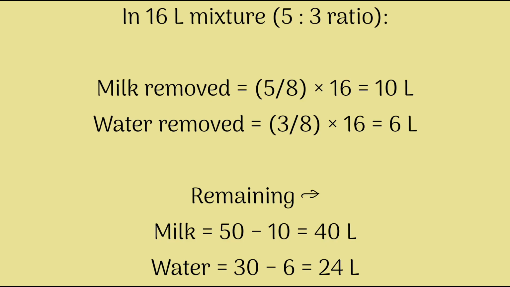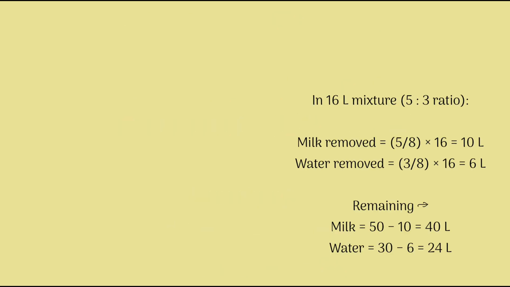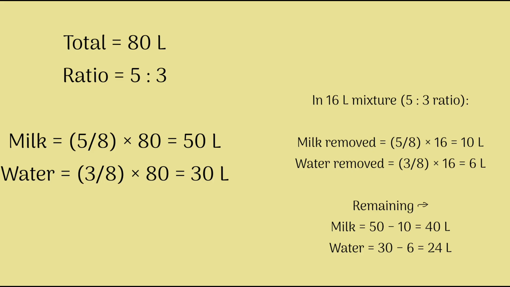Then the remaining milk is 50 minus 10, and for water it is 30 minus 6. So we subtract the second step from the first step, the initial milk and water, and we get the answer 40 liters and 24 liters.